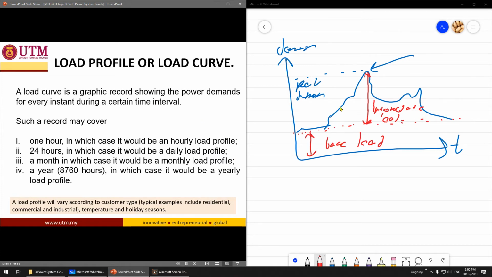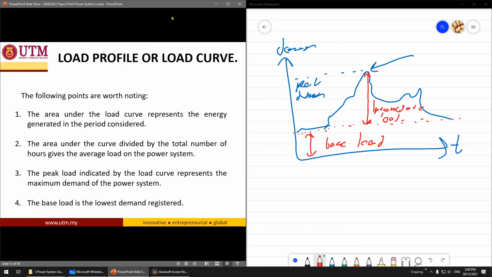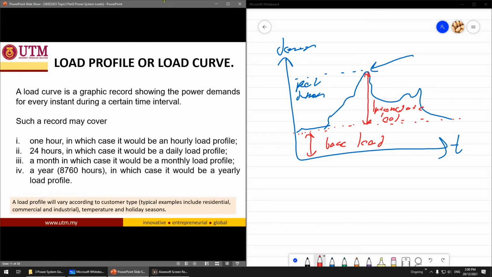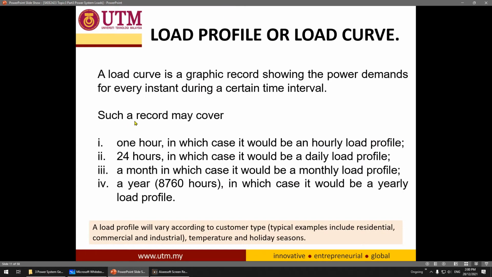It has the record of the demand at a certain interval. Such a record may cover 1 hour, 24 hours, a month, so a monthly load profile, or a year, 8760 hours. So it depends on the interval.